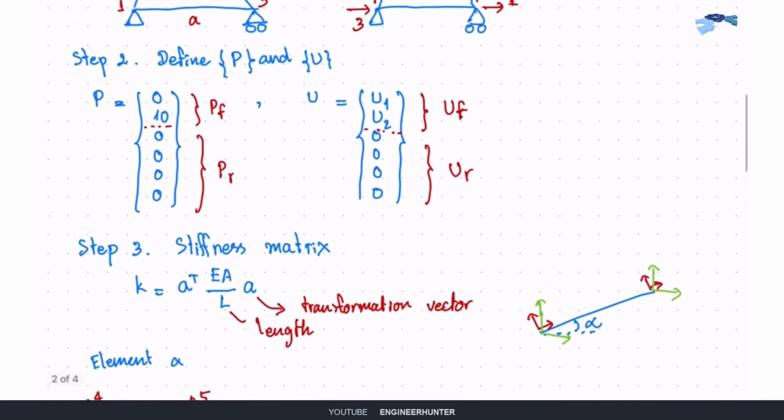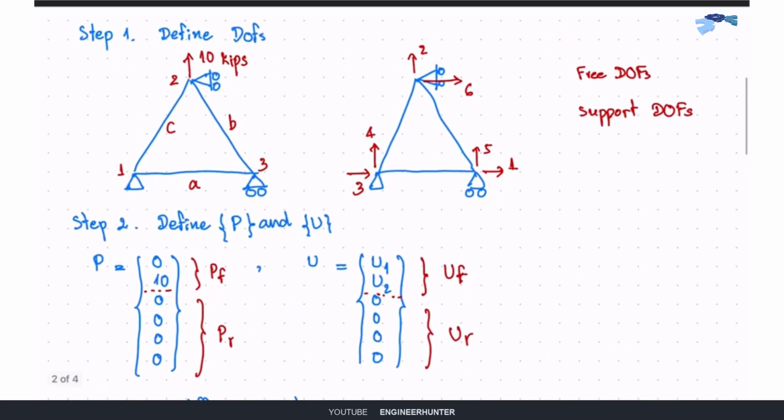So this is just a small example, but if there is a complex shape truss, it will be hard for the hand calculation. So that's why you need to make a small program by writing code.